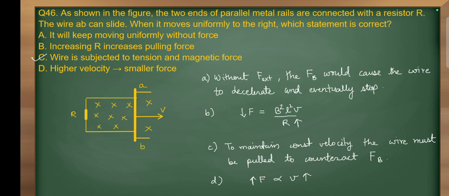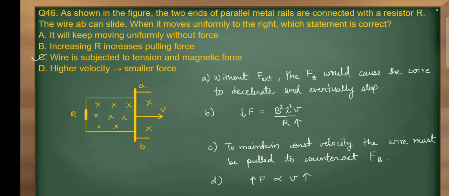As the wire is moving with the velocity v towards the right direction, without external force, the wire would accelerate and eventually stop. That means there is a magnetic force which is opposite to the direction of the velocity. So it will decelerate the rod and eventually the rod will stop.